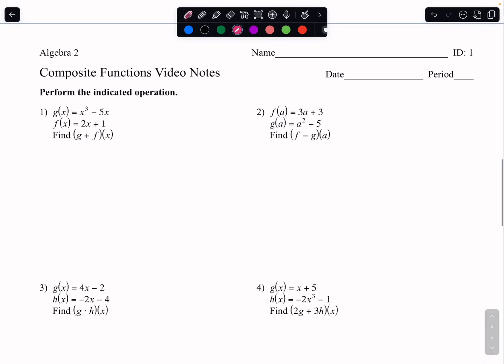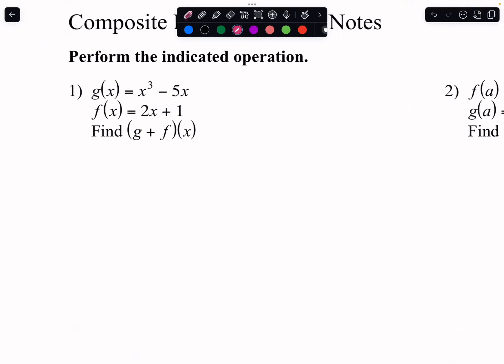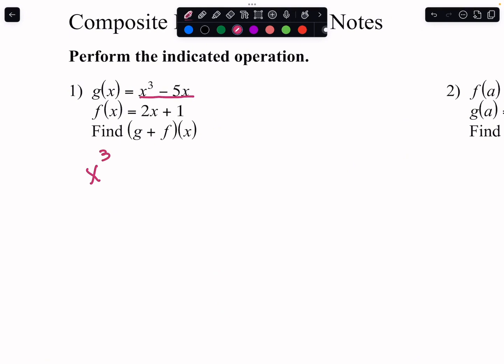So the first question says g plus f of x. So I'm going to take g and then I'm going to add the f of x. And we're just going to go ahead and combine like terms.